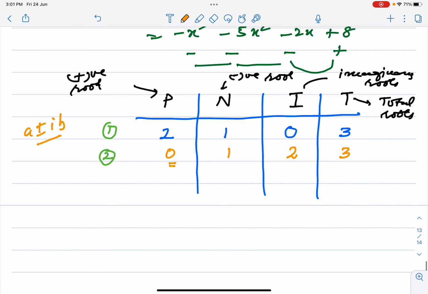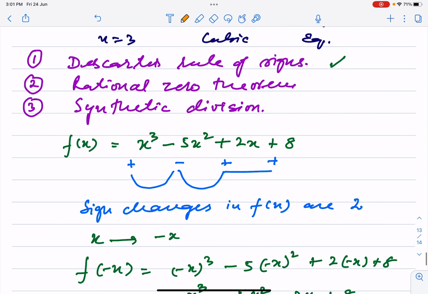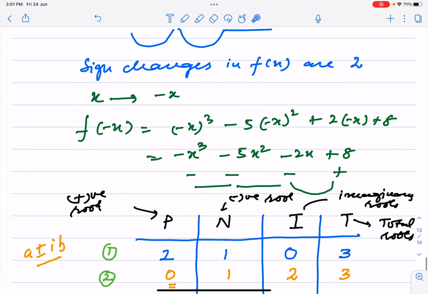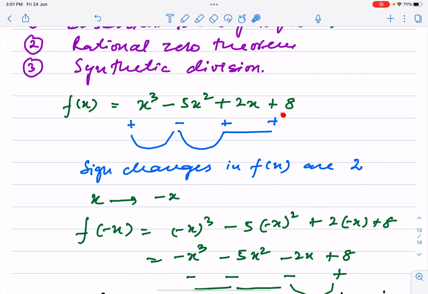Now further going, let's use the second rule, that is the rational zero theorem. Now how to figure out the rational zero theorem? In this, factorize the constant, find the factors of this, and find the factors of the leading coefficient.